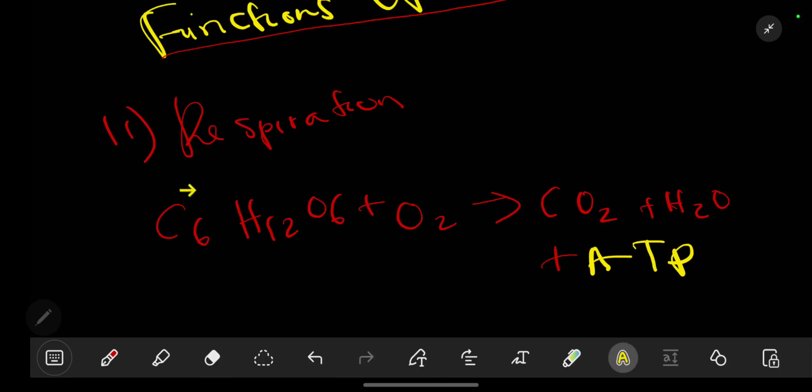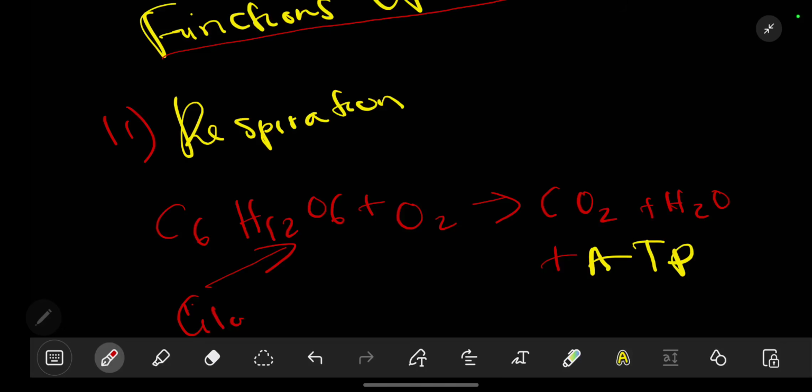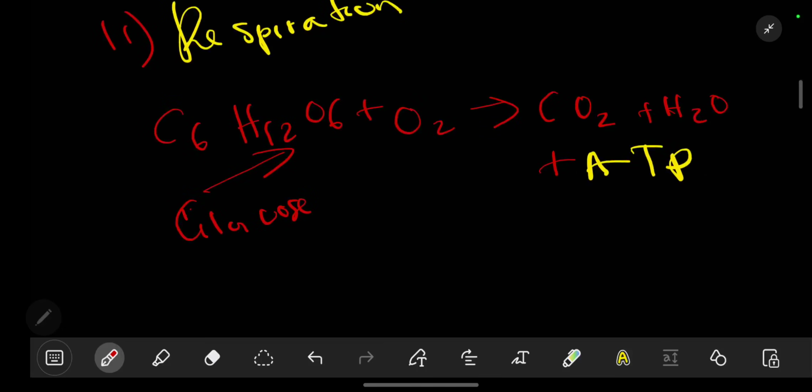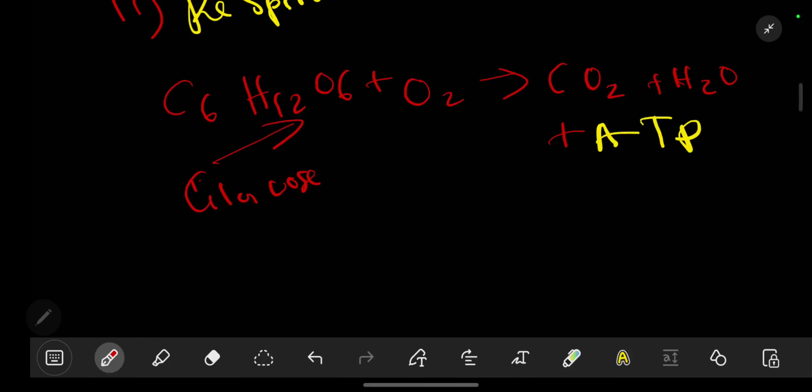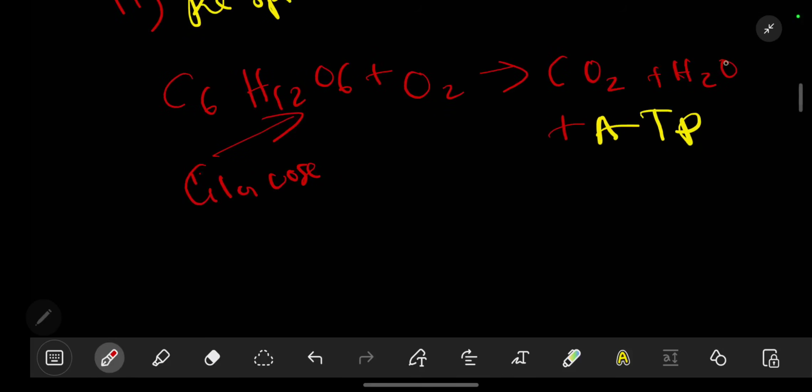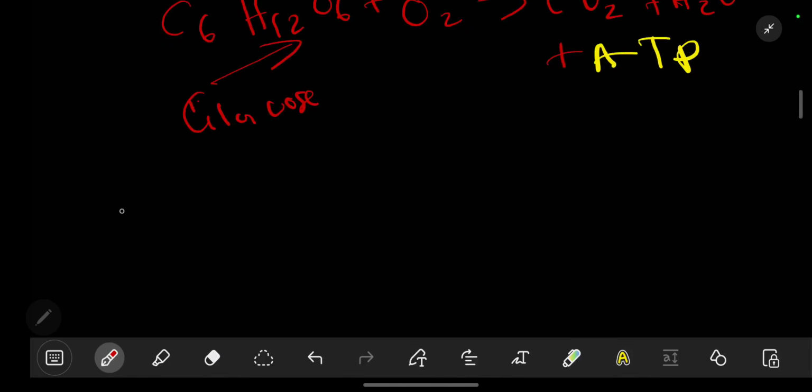So carbohydrates are used in respiration. The carbohydrate here is what we call glucose. This is an example of a carbohydrate, which is a monosaccharide.